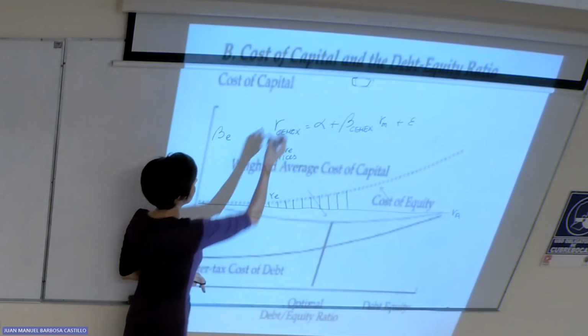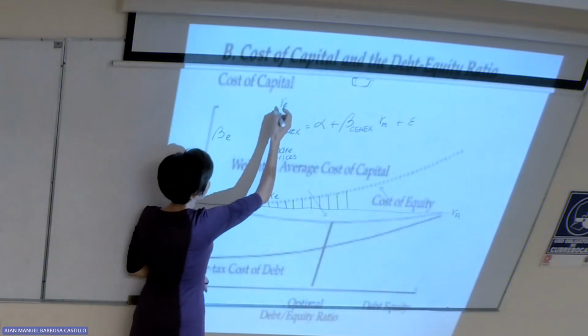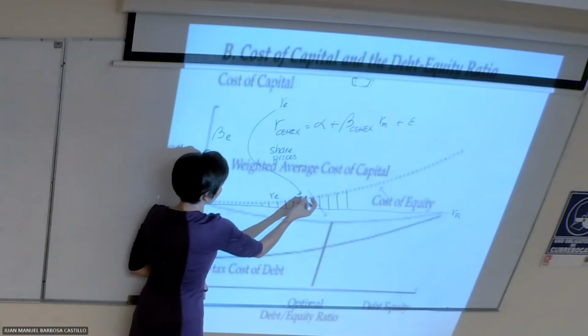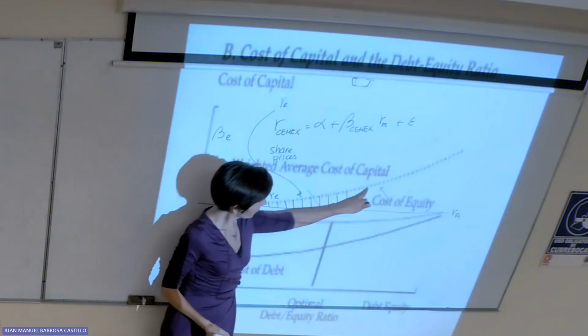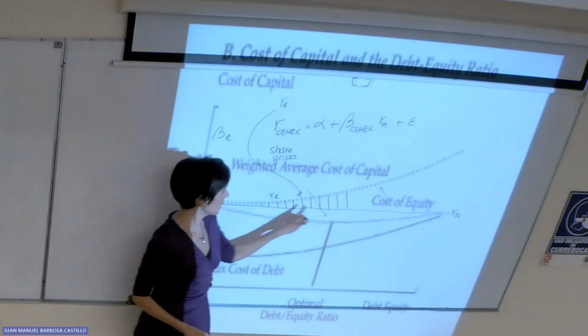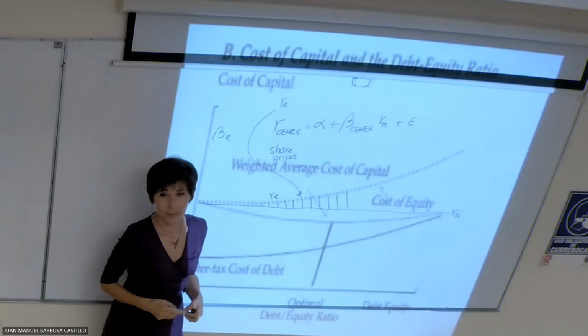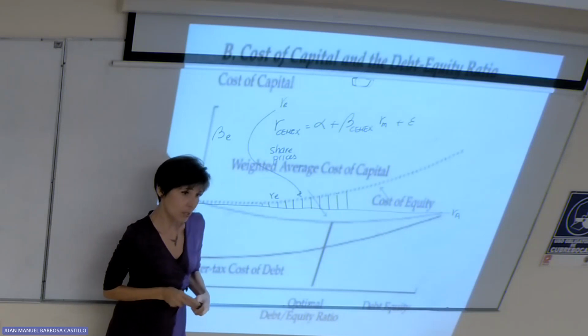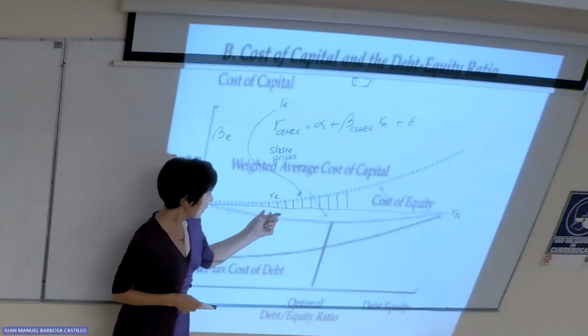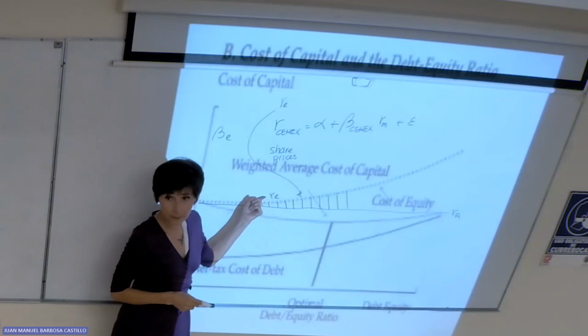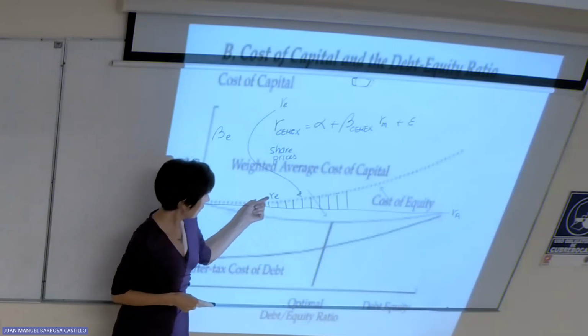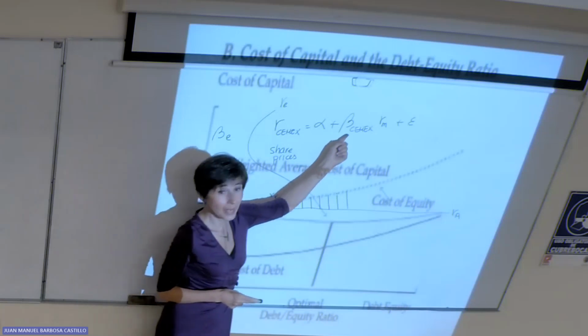And this return, which is a cost of equity, is this line. The return depends on how much debt the company uses. So the leverage is taken into account in the cost of equity. The cost of equity is the input I need for equity beta.